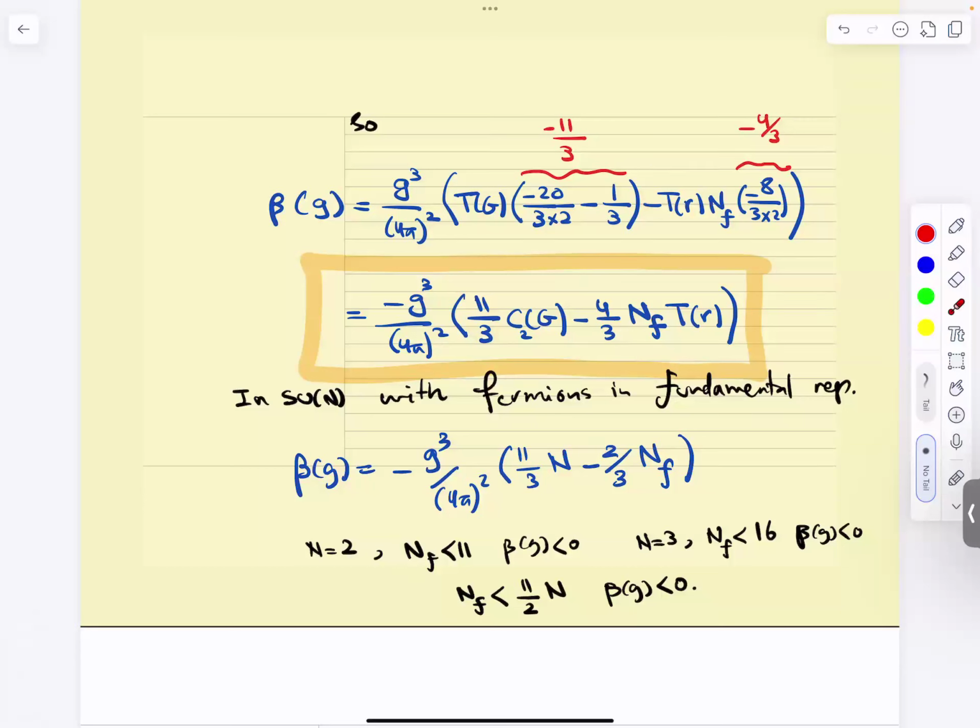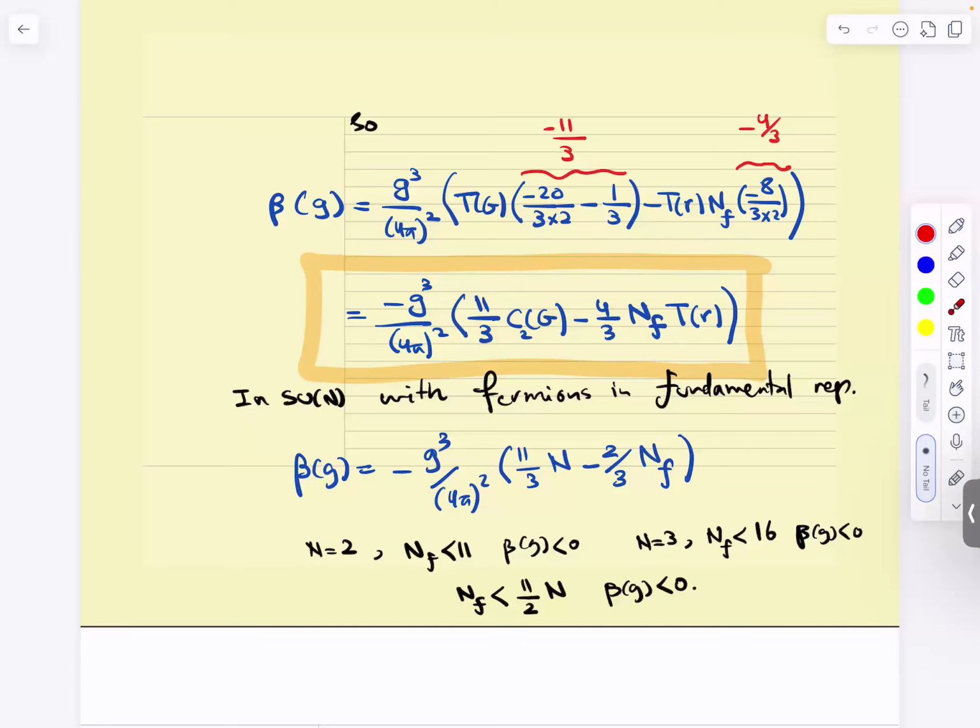So the ghost anti-ghost combined with the gauge field gave you this anti-screening factor, minus 11 over 3. The whole thing is negative in the beta function, so it's anti-screening. Whereas the fermions give you this positive 4/3 T(R) N_F. That is screening, right? And the whole thing can be packaged, if you pull out the negative sign here, as a competition between the gauge group and the fermions.